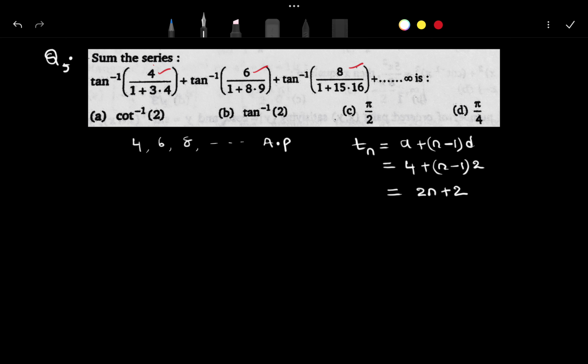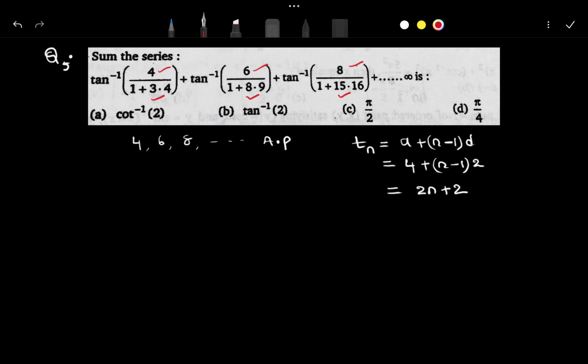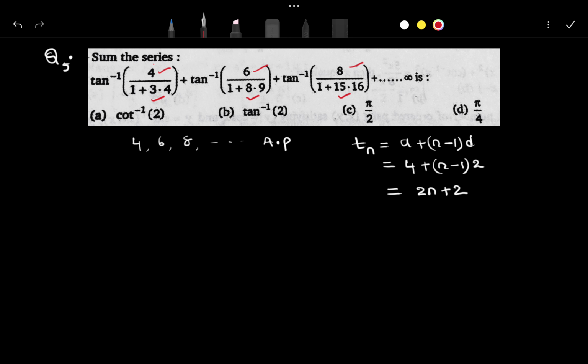By observing, first take the numbers 3, 8 and 15. If you take 3, 8 and 15, you can write this as 3, 8, 15, and so on.